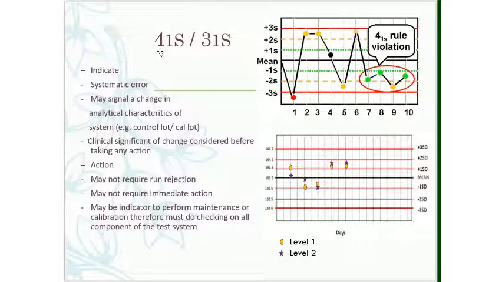For 4-1S or 3-1S, 4-1S means that 4 QC data have violated between 1 SD and 2 SD, and it is consistent on one side. And same goes with this example.